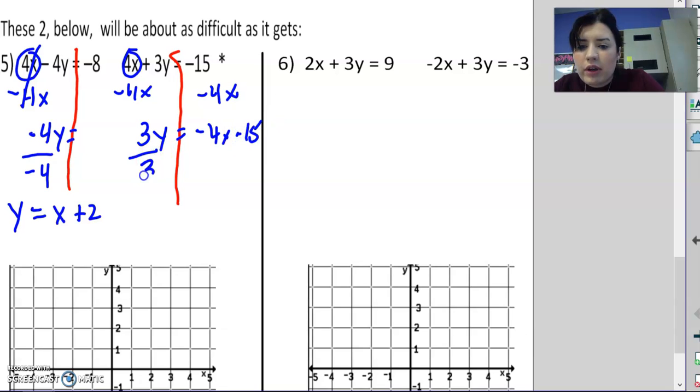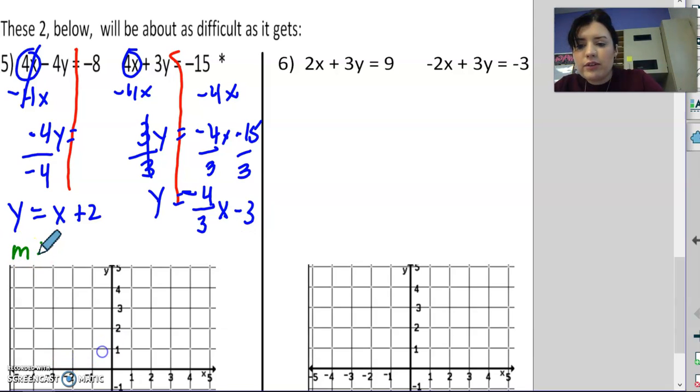Now we divide by 3, so we're getting y by itself. Now, negative 4 divided by 3, that's just an improper fraction. That can't be simplified. That doesn't become 1 or 2. We're going to leave it alone. Remember, slope, we can have fractions. Now we're just doing negative 15 divided by 3, and that's minus 3.